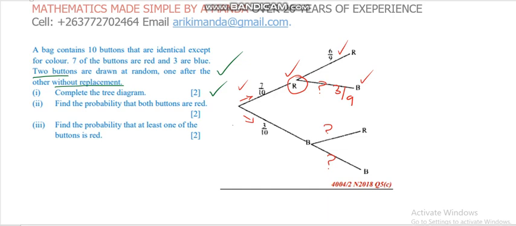Let's look at this one which goes down. This one implies that the first button to be chosen is blue. What are the probabilities for the second choices? If the first button to be chosen is blue in a bag of 10 buttons, what is the probability of picking a second one being blue?